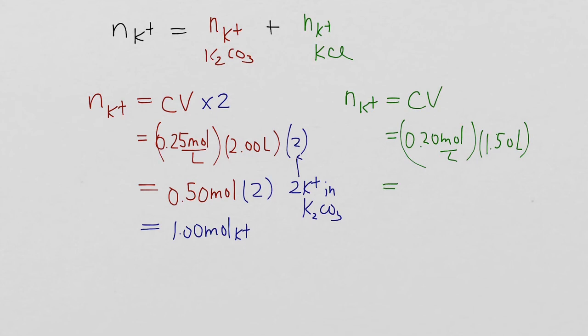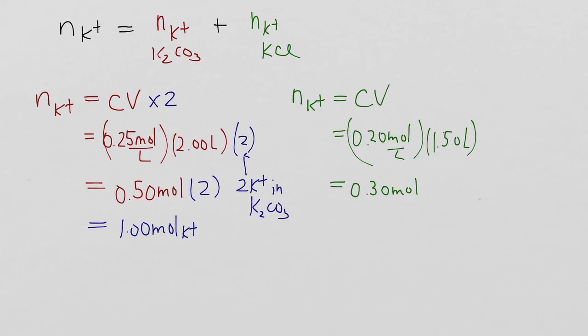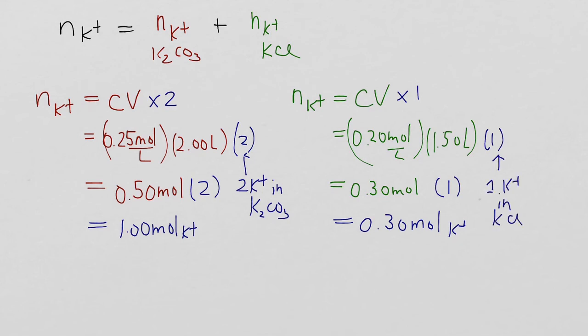So that would be 0.3 moles. And this is simpler because in KCl, your ratio is 1. So that gives you 0.3 moles of potassium. The ratio is 1 because there's only 1 potassium ion in KCl.